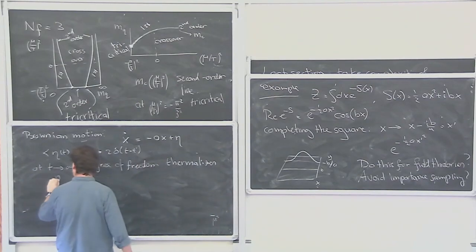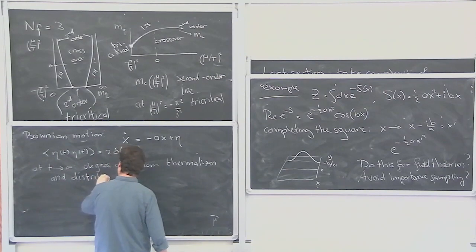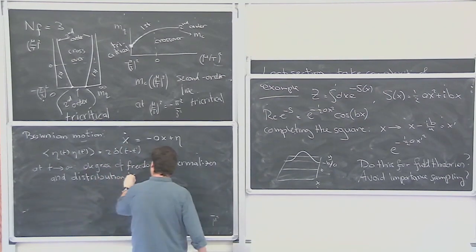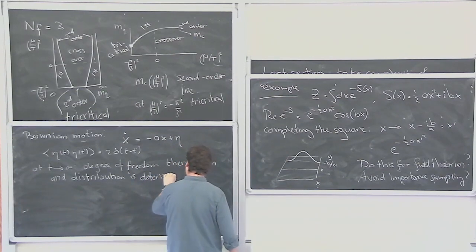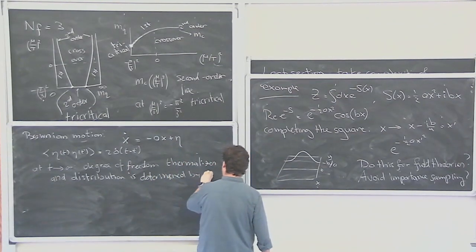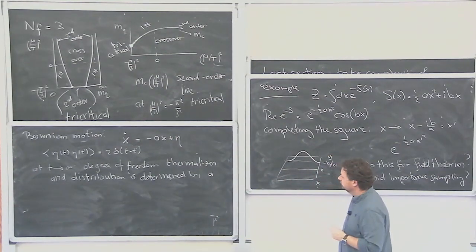And the distribution is determined by, well, in this case by A and by the noise, but I've normalized the noise.